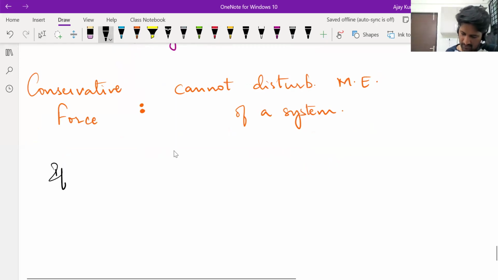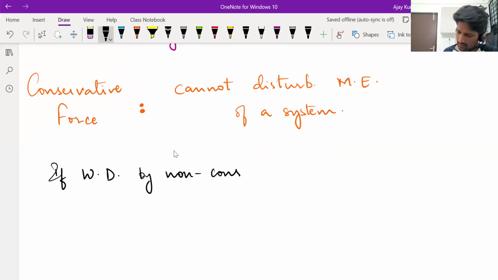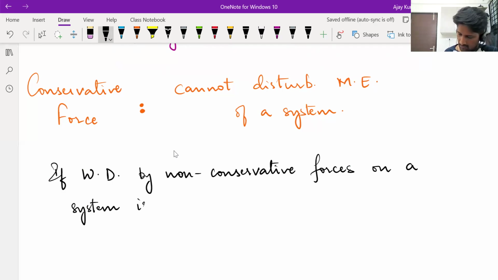So if the work done by non-conservative forces on a system is zero. Okay, the total work done; they may be doing work. Suppose there are multiple non-conservative forces.